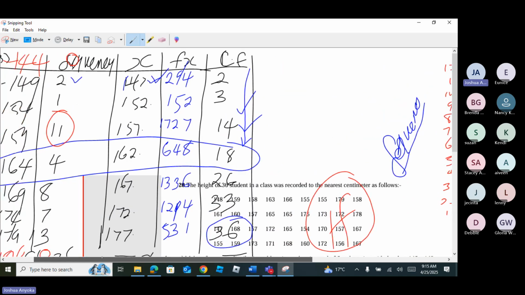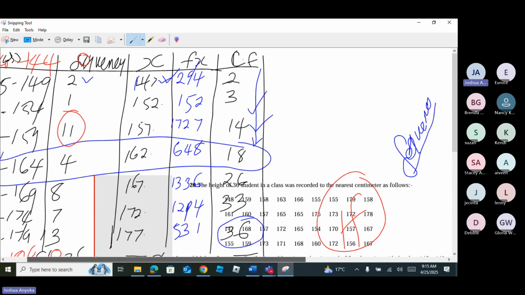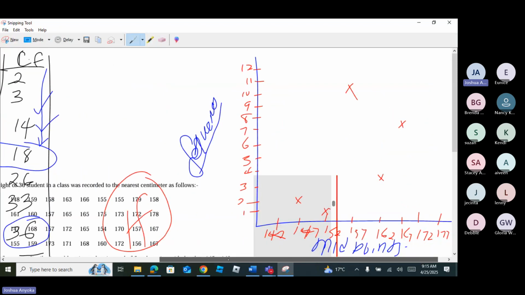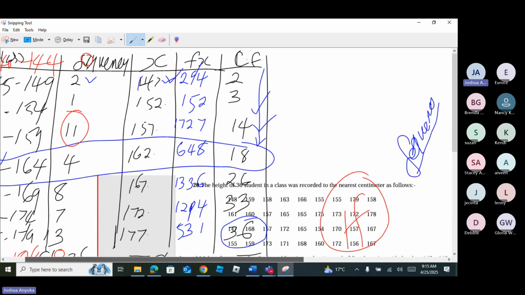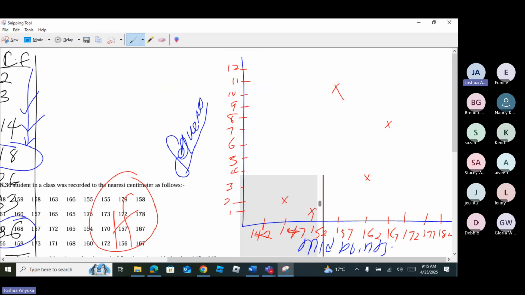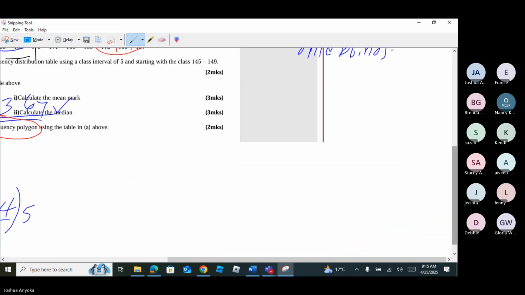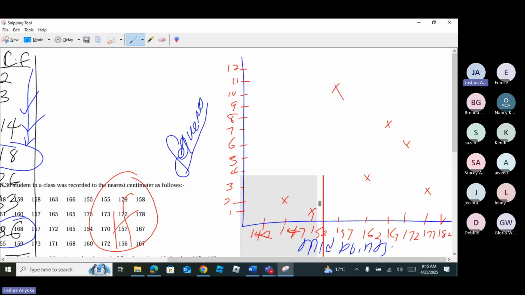We have 172, 7, and 177, 3, and then 182 is 0. So we join, we start from 142, we go up, but we are using straight lines.